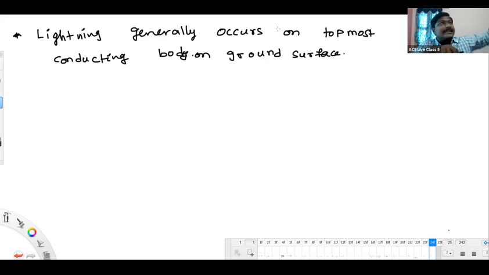So if any lightning is going to strike the building, it will strike the top conducting body they kept, and it will be diverted to ground. So it provides some protection for the building from lightning strokes.